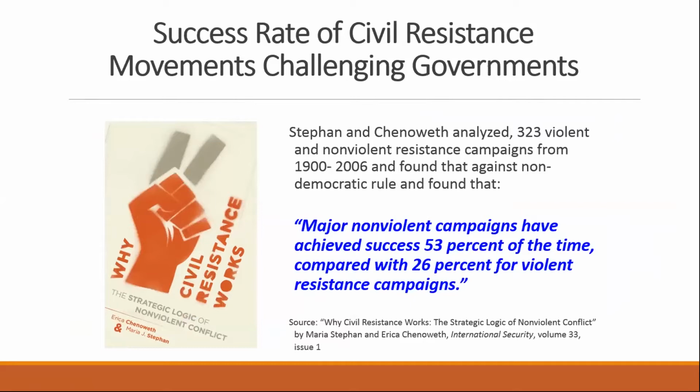This was the first big quantitative study that had been done comparing not just individual cases, but looking at many cases. This is a pretty significant finding, but they found other things as well.